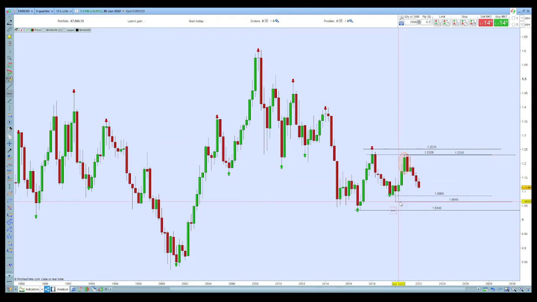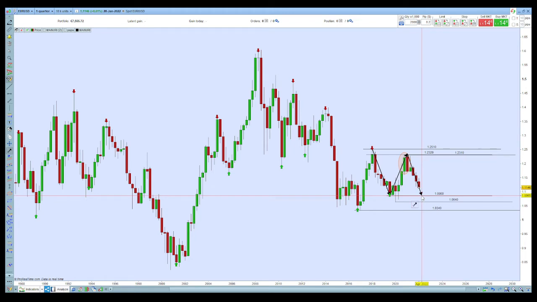The second one is at 1.0640, and the main one, where I will consider we are going to arrive, is at 1.0340.